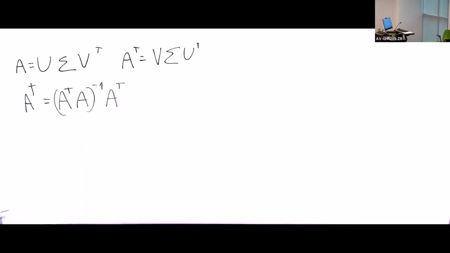Now I'll just put these formulas inside, replacing A with them. So it will be A transpose, which is V sigma U transpose, times A, which is U sigma V transpose, and then its inverse, and then A transpose, which is V sigma U transpose.